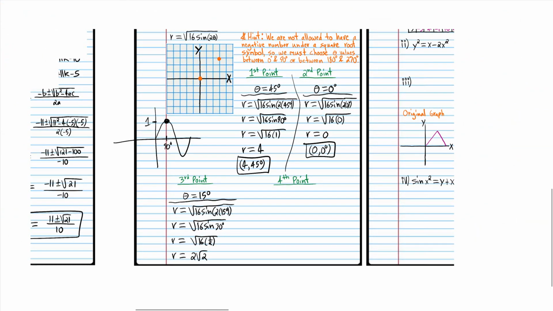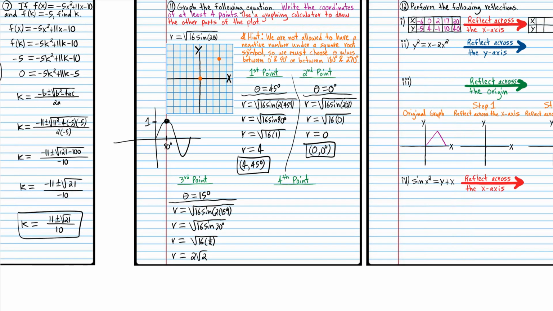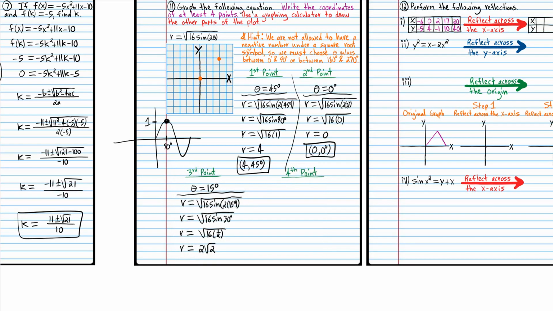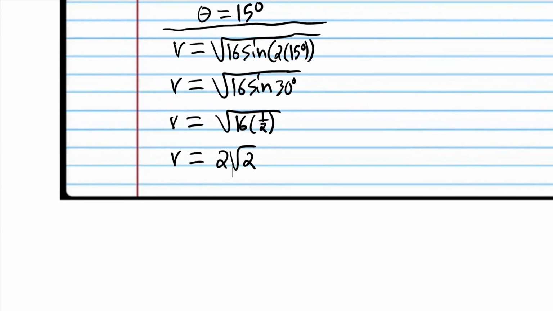So the point that we need is 2 root 2, 15 degrees. So 2 root 2, 15 degrees.